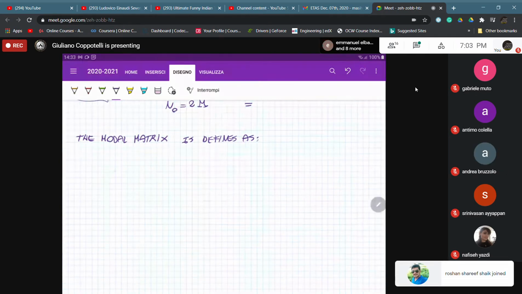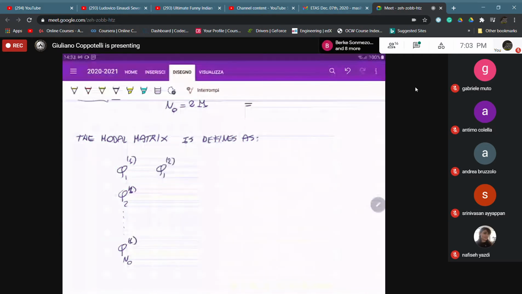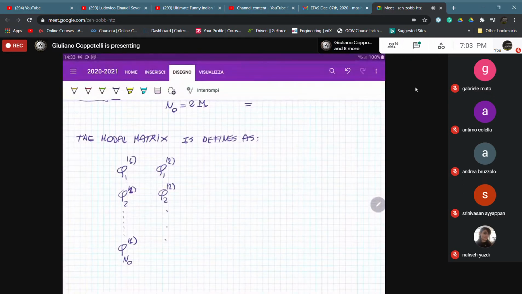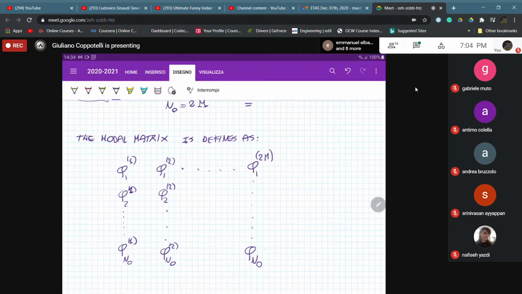So we have the first component of the first mode, second component of the first mode, up to the last one, and then the same for the second mode: first component, second component, up to the last component of the second mode, up to the last mode.